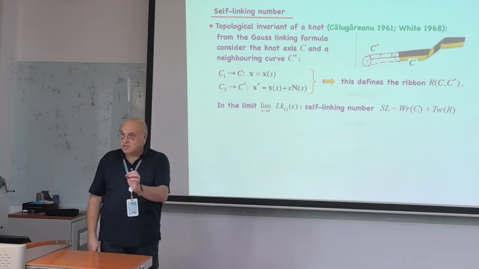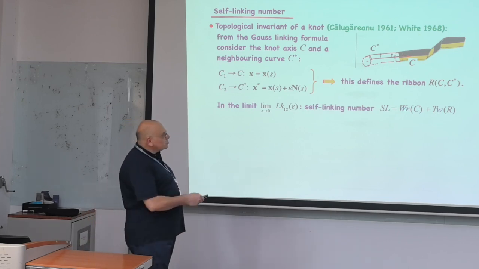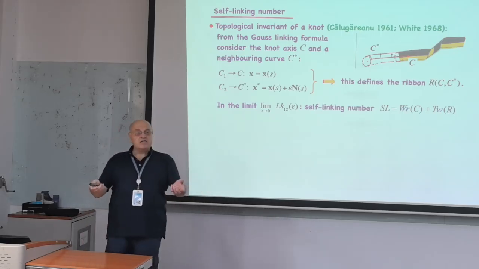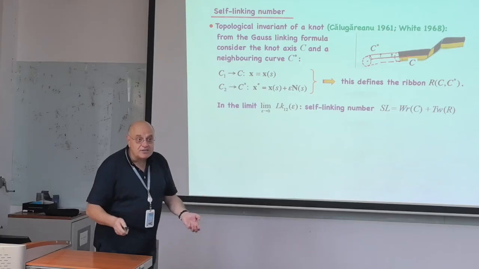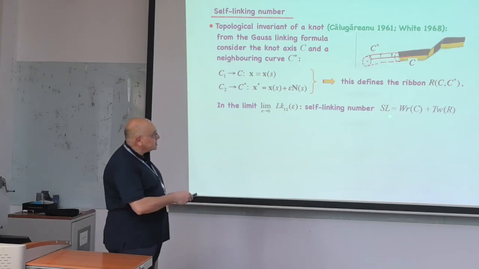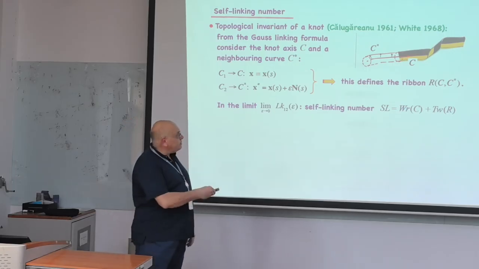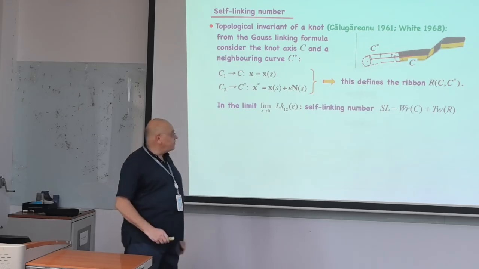Self-linking of a knot, not of a link. And this quantity, remarkably, can be written as a sum of geometric quantities. So remember, this is topological, and these are geometric. They exchange one into the other to keep self-linking conserved, fixed.